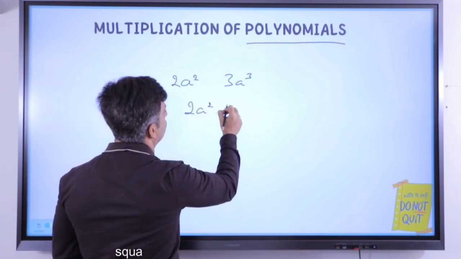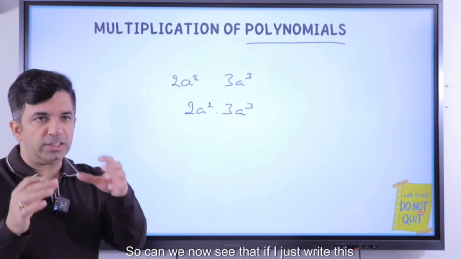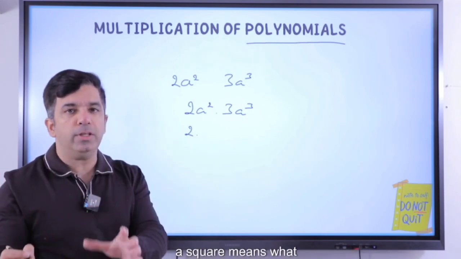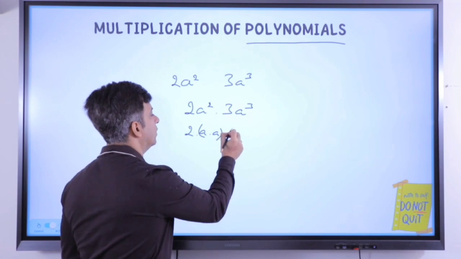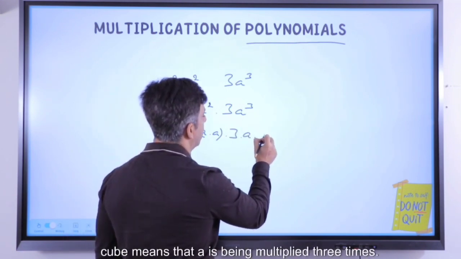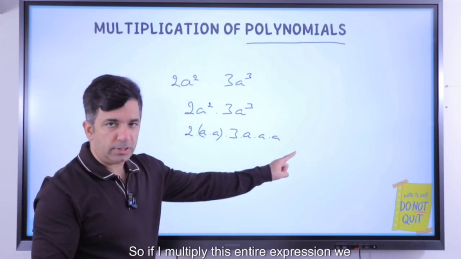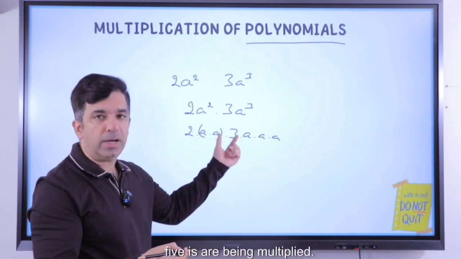If this 2a square is to be multiplied with this 3a cube, a square means that a is being multiplied 2 times, and a cube means that a is being multiplied 3 times. So if I multiply this entire expression, this ultimately means that 5 a's are being multiplied.